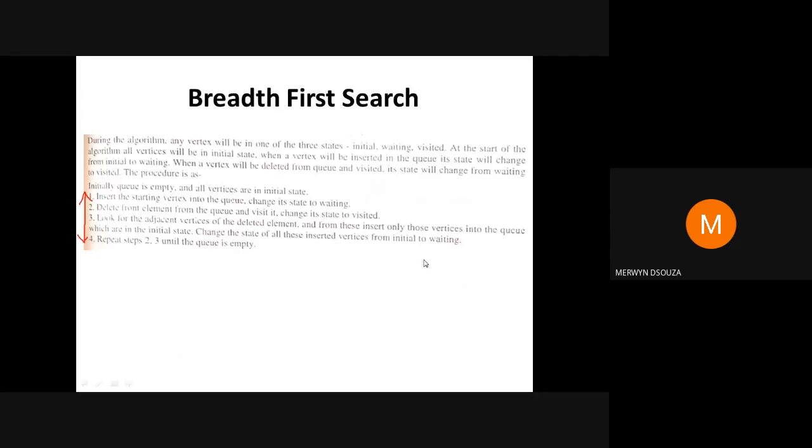Now, just to make things easier for you, we say initially the queue is empty, and all the vertices are in the initial state.